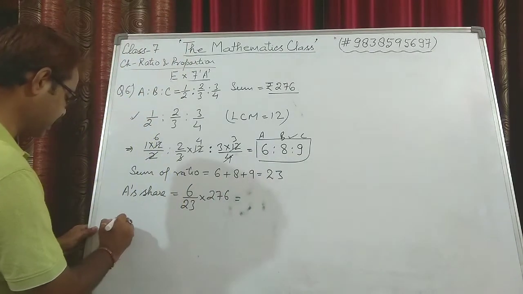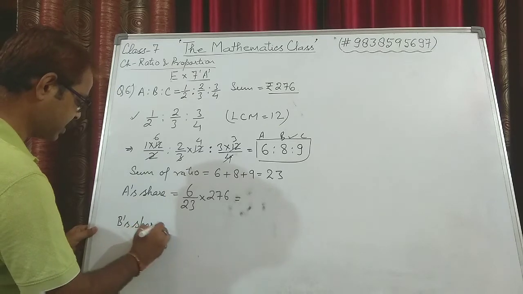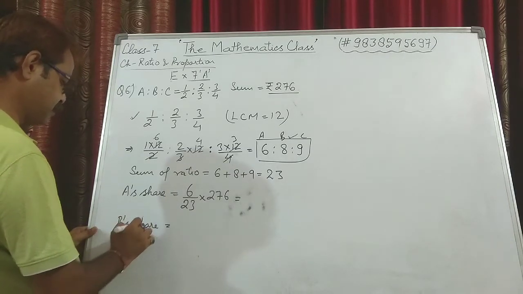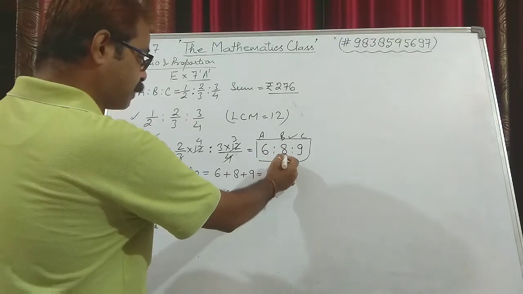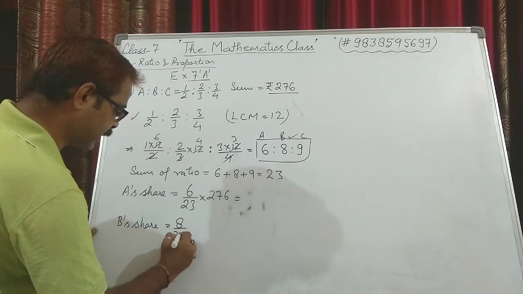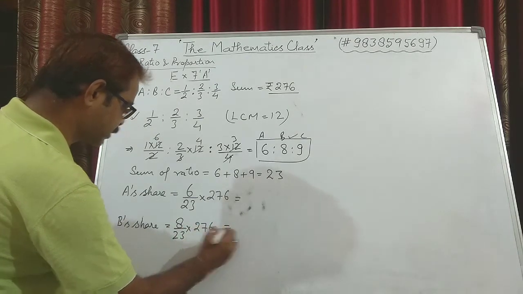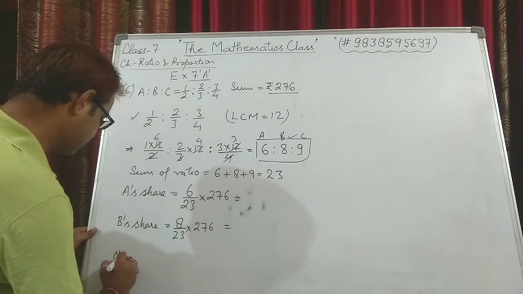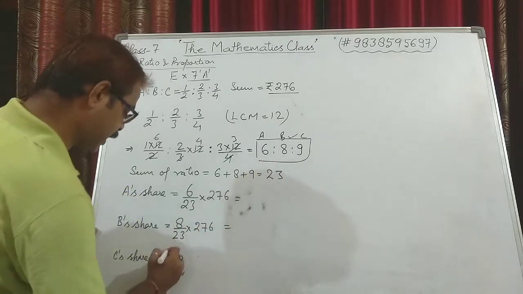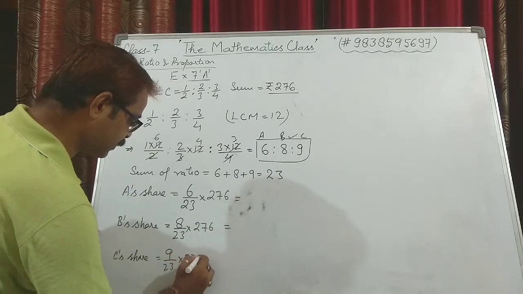Similarly, B's share will be 8 parts of 23 parts, written as 8 upon 23, and the total amount was 276. Similarly, C's share will be 9 upon 23 into 276.